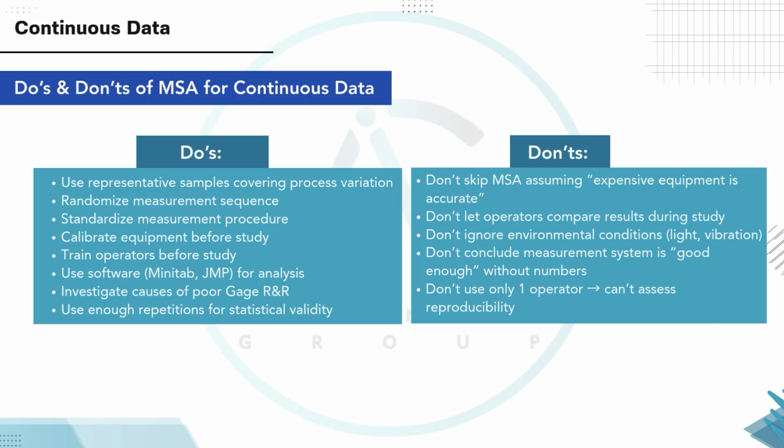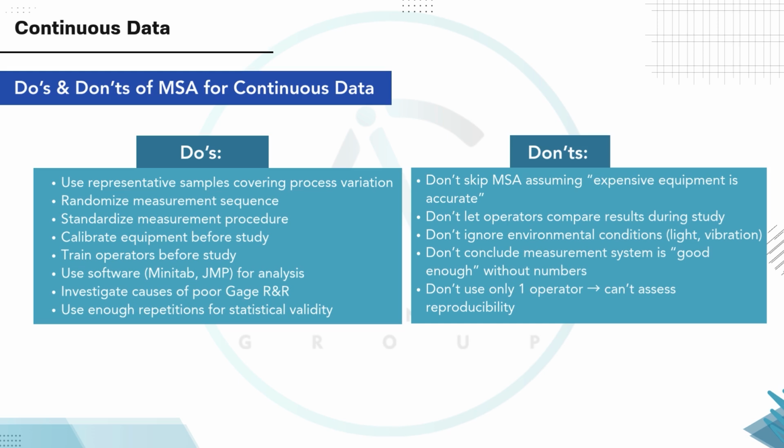Make sure your measurement procedures are standardized across all operators to maintain consistency. It's critical to calibrate your equipment before the study to ensure accuracy. Train all operators beforehand to avoid inconsistencies in measurement technique. Use specialized software like Minitab or JMP to analyze your data correctly and effectively.